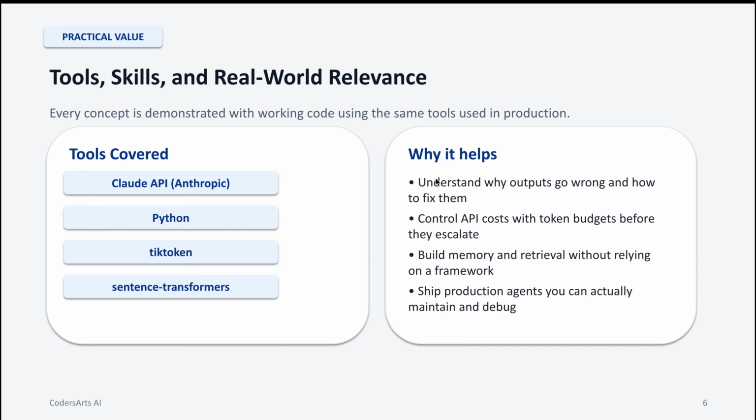More importantly, you will learn how to diagnose why AI outputs go wrong, how to control API costs before they escalate, and how to build memory and retrieval systems without relying on context frameworks. Also, finally, you will ship a production agent you can actually maintain and debug.